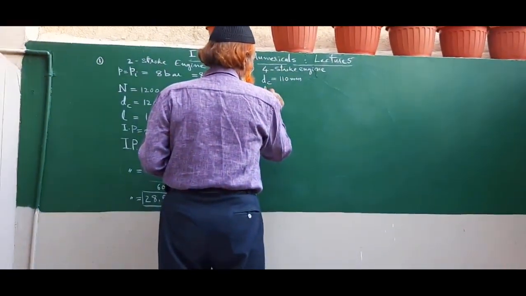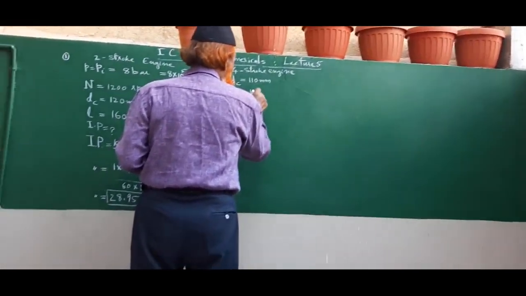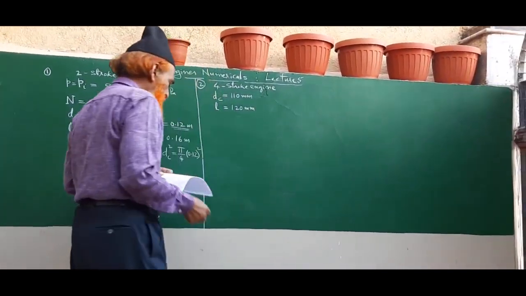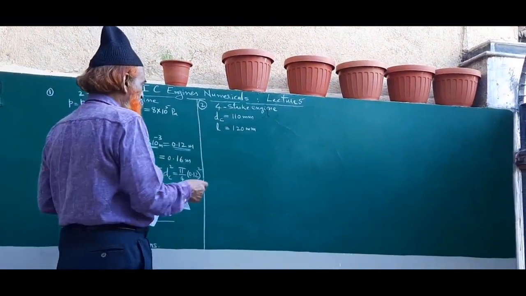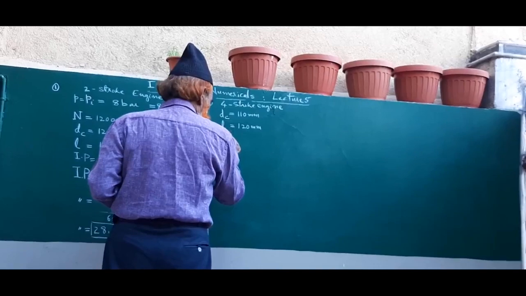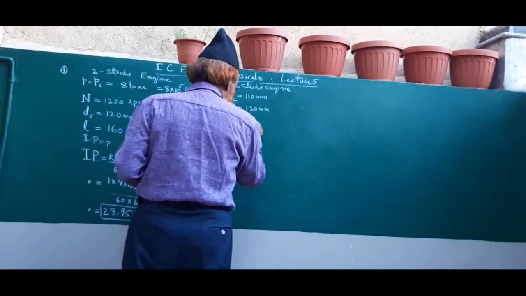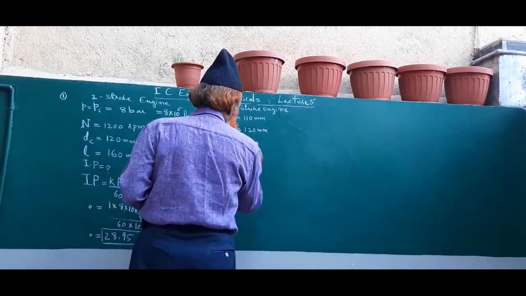Stroke length, the notation we have used is L, and this is given as 120 mm. Is running at 480 rpm. When rpm is there, capital N we have taken, and it is given as 480 rpm.